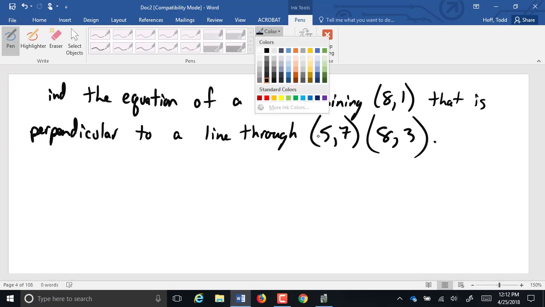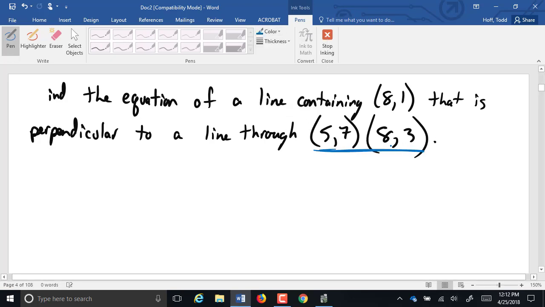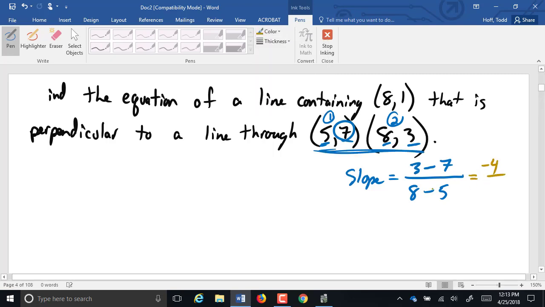So again, for these original 2 points, the only thing I need there is the slope. Call it point 1 and 2. I've got y2 is 3 minus y1 is 7 over x2 is 8 minus x1 of 5. 3 minus 7 is a negative 4. 8 minus 5 is 3.